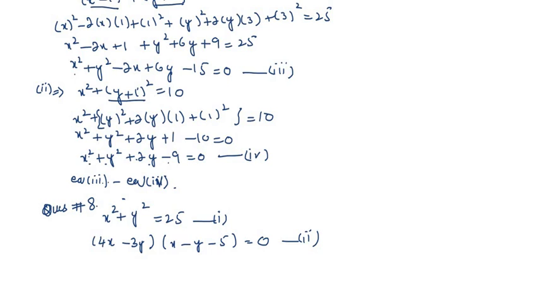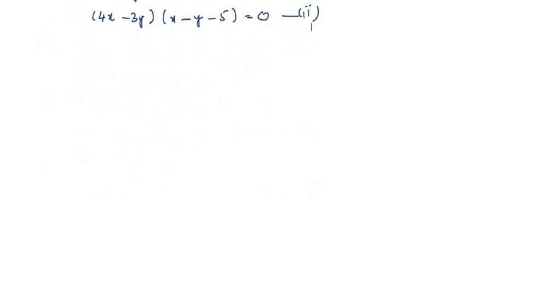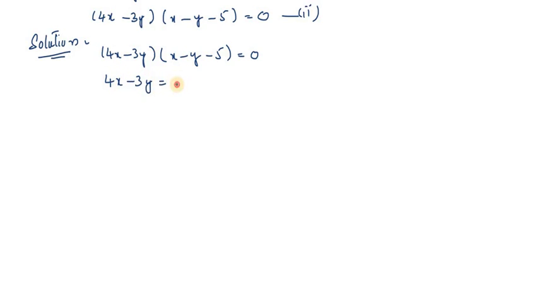To solve these two equations, equation number 2 is (4x minus 3y)(x minus y minus 5) is equal to 0. From here 4x minus 3y is equal to 0, or x minus y minus 5 is equal to 0.